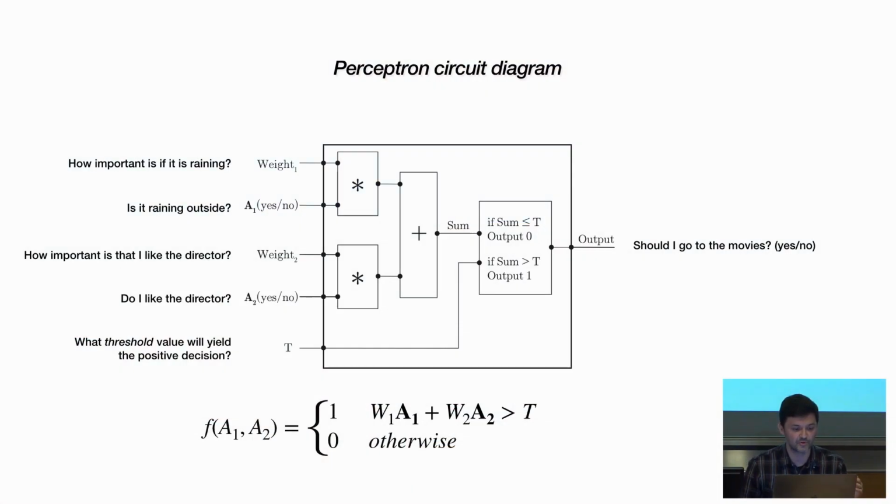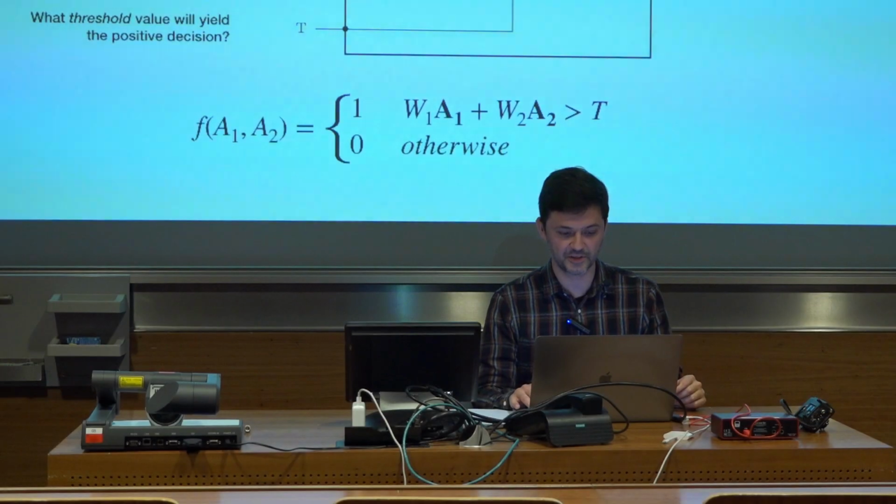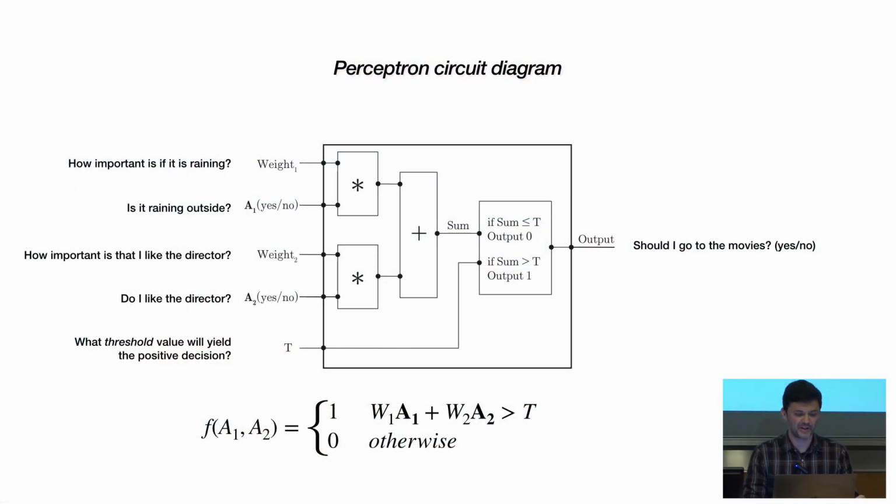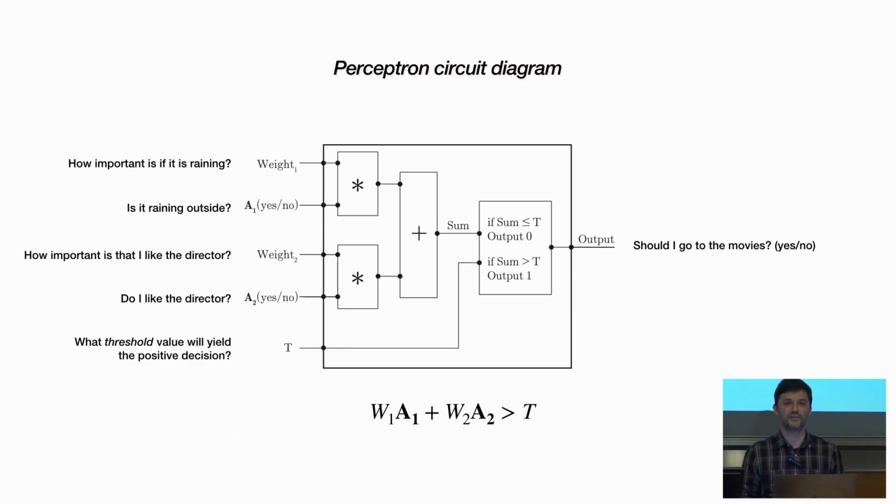And the function says it will output 1 if this weighted sum W1 times A1 plus W2 times A2 is larger than this threshold, which I need to choose. Otherwise, I will not go. So otherwise, the decision will be negative. It will output 0. But in principle, we do not have to look at this whole piecewise function. We can just concentrate on this part. This is the important part that you should take into consideration.